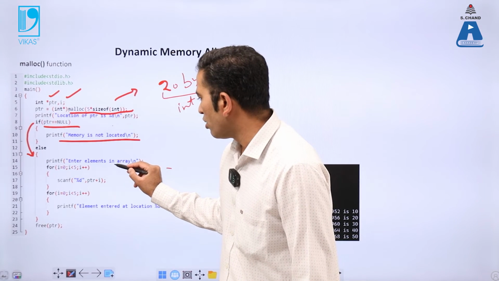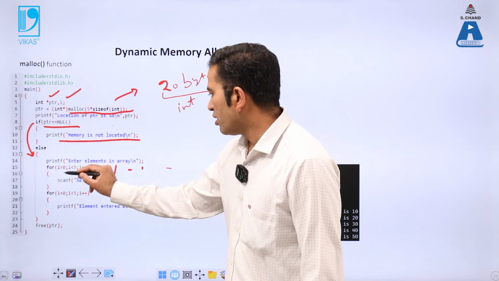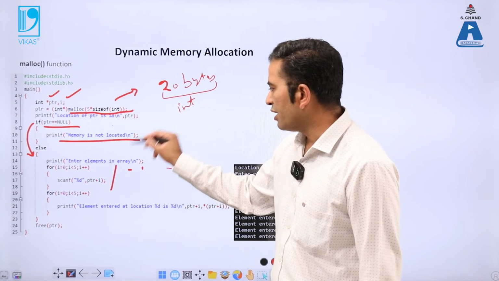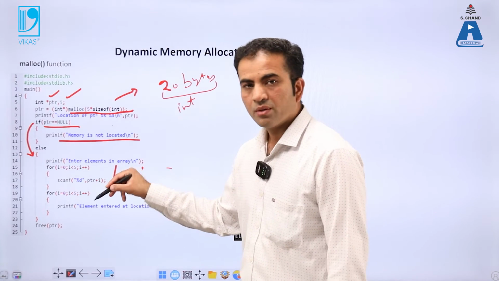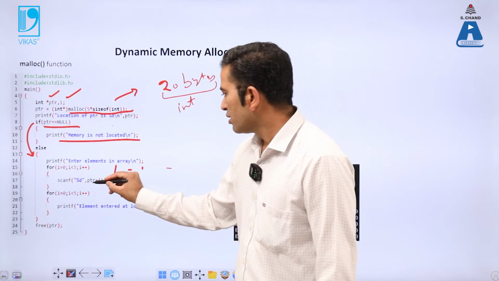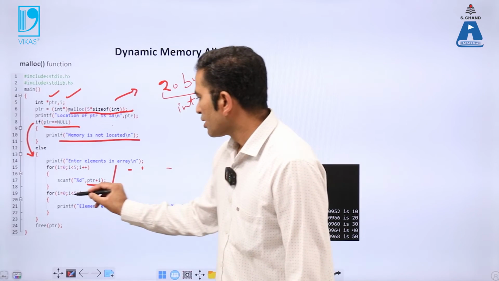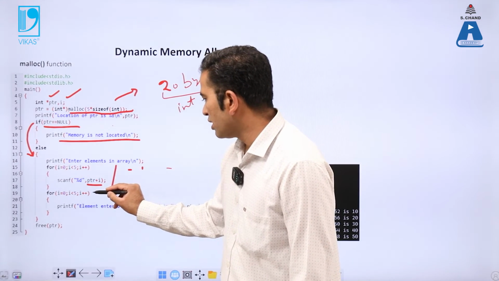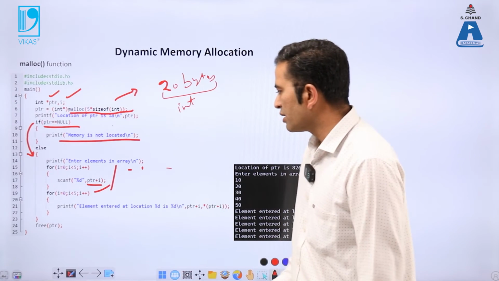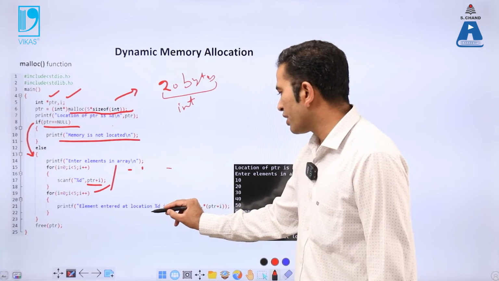We are inserting all the elements of the array using the pointers and arrays, okay. So this is the concept we have studied in our last topic. So for i equal to 0, this is the loop, from 0 to 5 it is running, element entered at location.